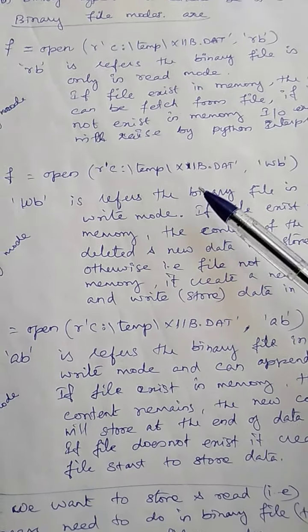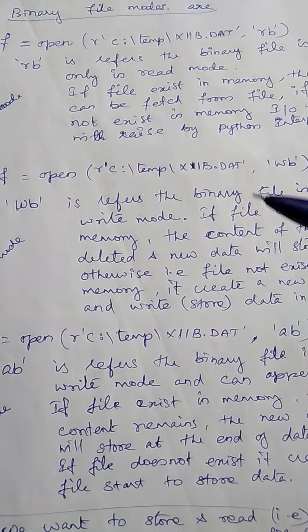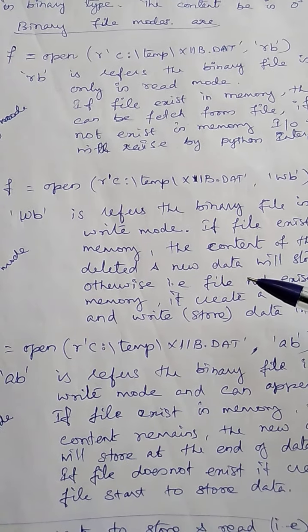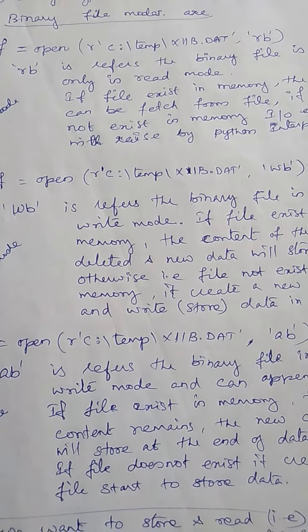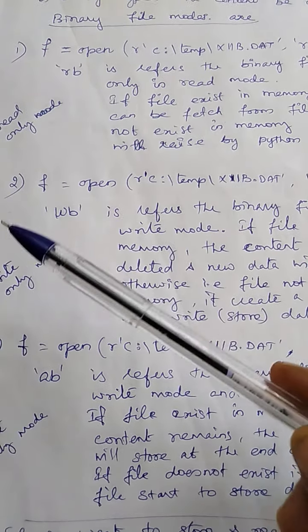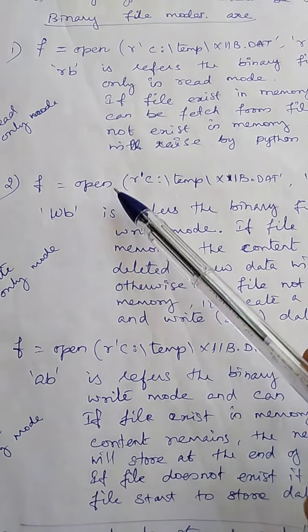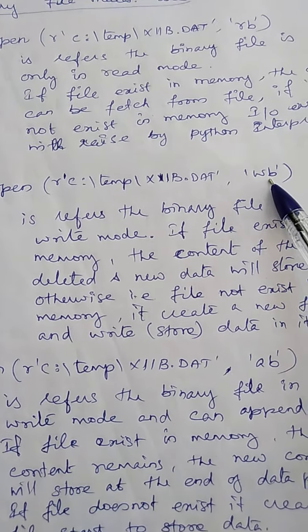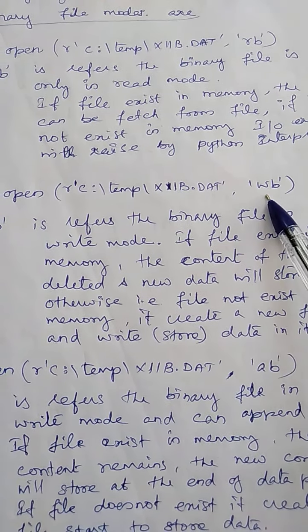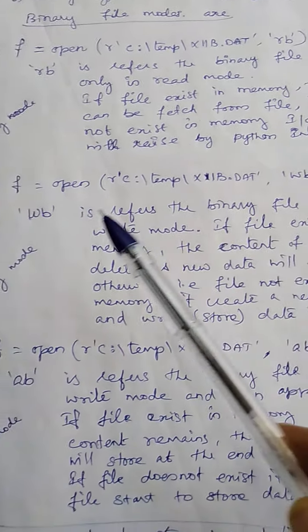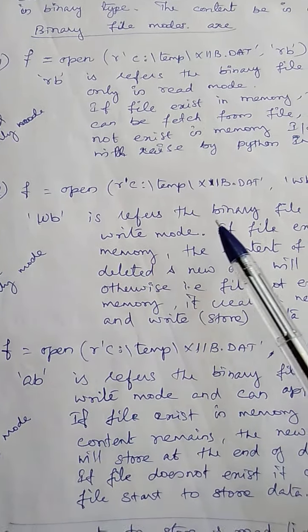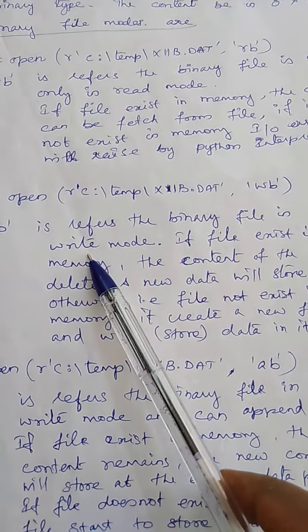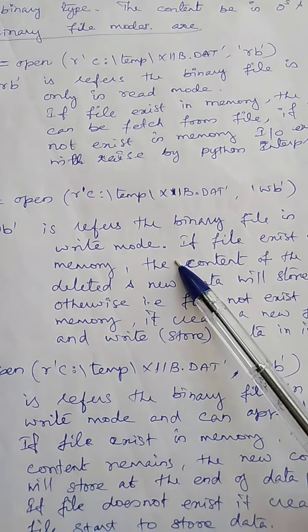Then next, we can open the file in write mode. Write mode means to store the content, to enable the data to be stored in the file. So for that, file object f is equal to the open function, the file name, comma, the file mode is WB, write a binary file, WB mode. So WB refers to the binary file in write mode. Write mode means to store the data inside.